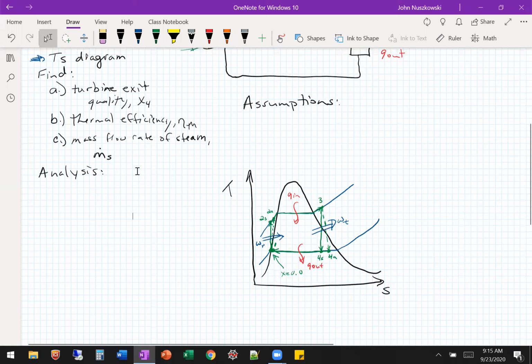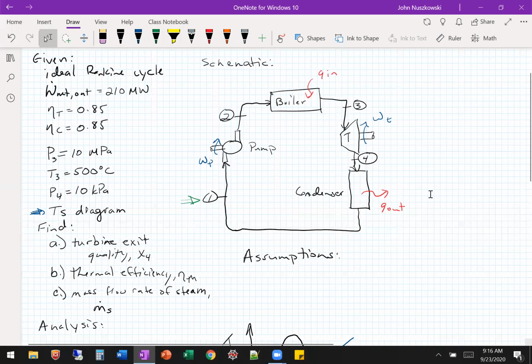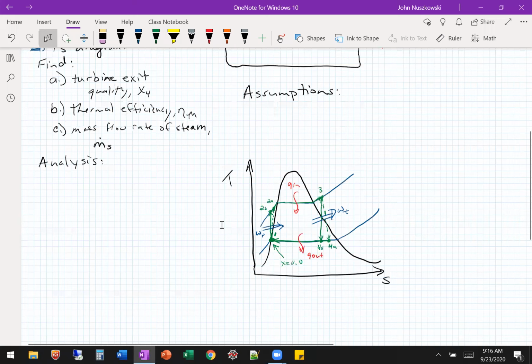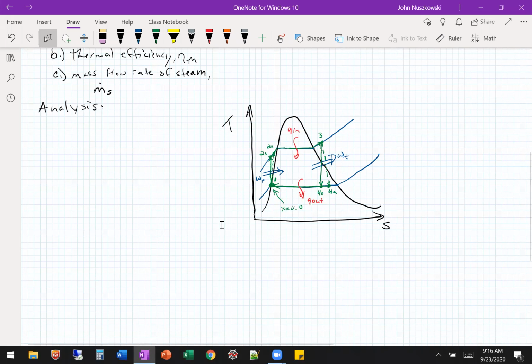All right, so then we have our schematic, we have our TS diagram. Really now it's just analyzing the problem, okay? Sorry about that. We need the turbine exit quality is the first thing they're asking in part A. What I will say in these problems, especially, and you could have done this in chapter 9, it's not as important, but in these 10 and probably some of the 11s, what I'll do is we'll create a state table.